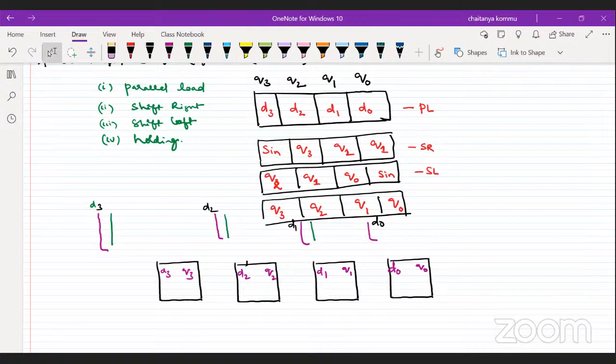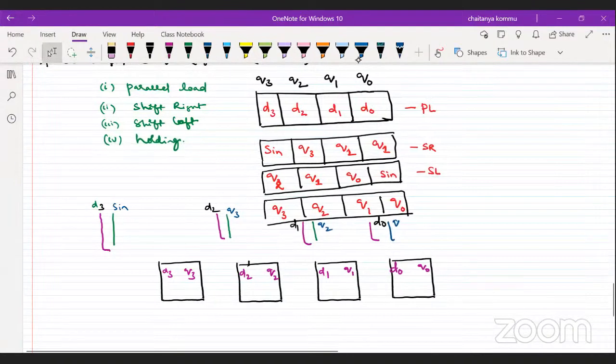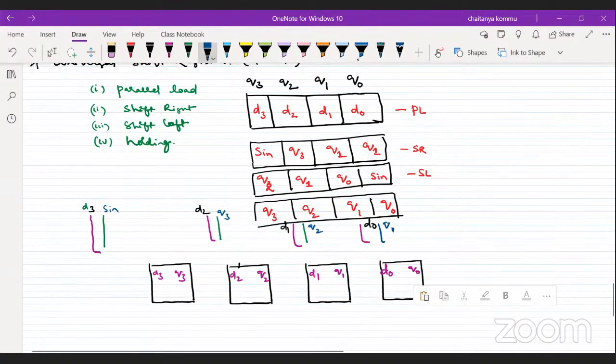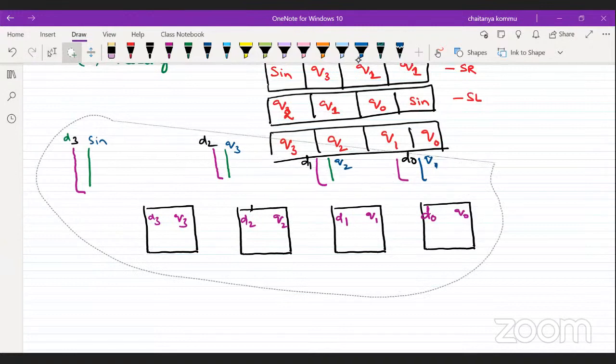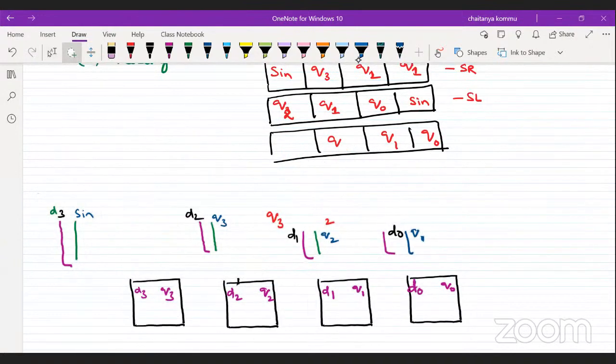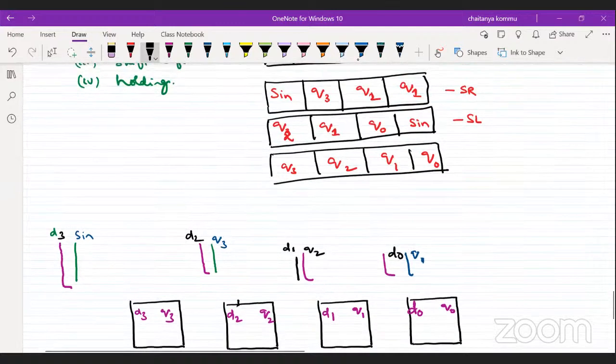Similarly, for the second one, SIN here is required, Q3 is required here, Q2 is required here, Q1 is required here. This is called D1, Q2.